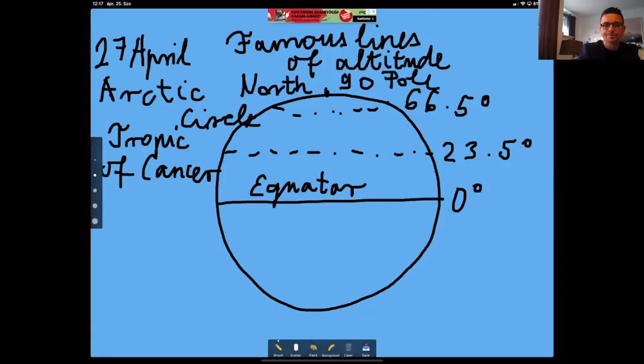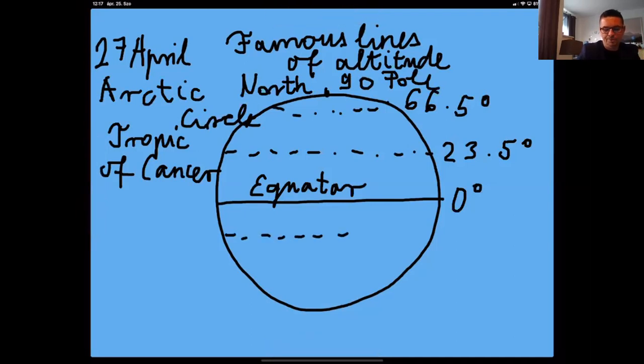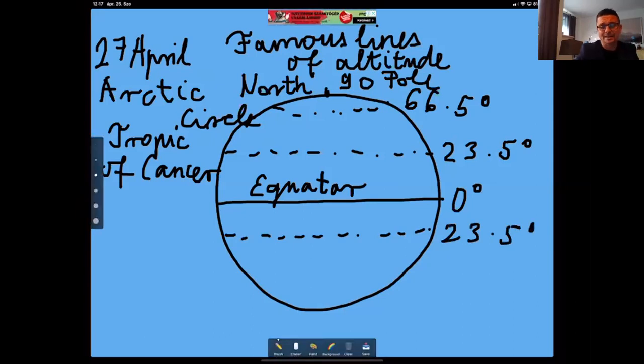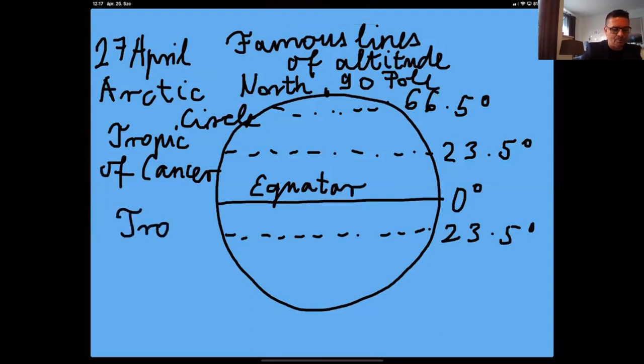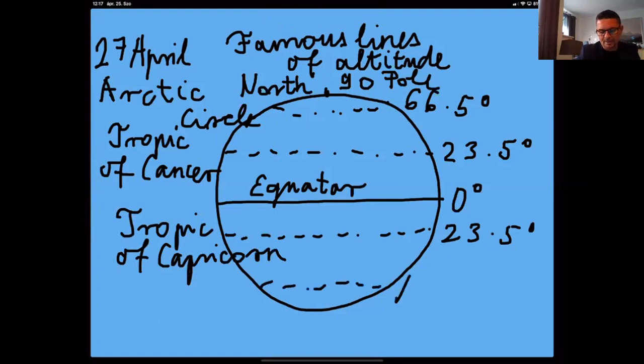In the south, the whole thing is kind of repeated. So again, there's the 23.5 degrees angle, which is another tropic, but it's not the Tropic of Cancer, it's the Tropic of Capricorn, baktérítő. And then the Antarctic Circle.